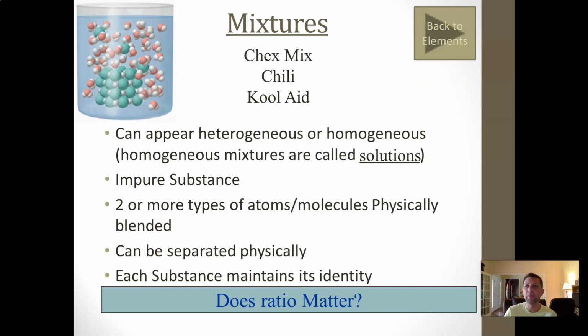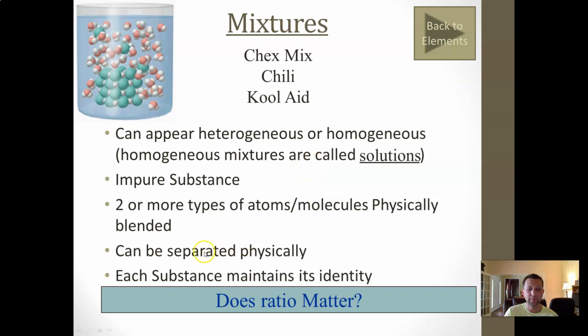They are all still different when you have them in the bag. It's not like the pretzels taste different and turn into something else like it would with a compound. Whatever properties it had before, it will have those again. It will retain those, maintain those once the mixture is created.